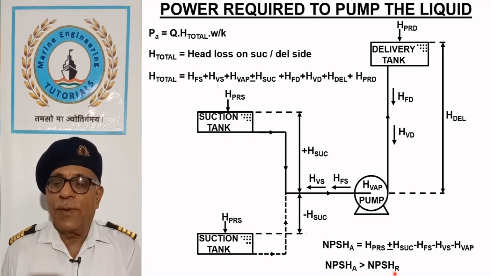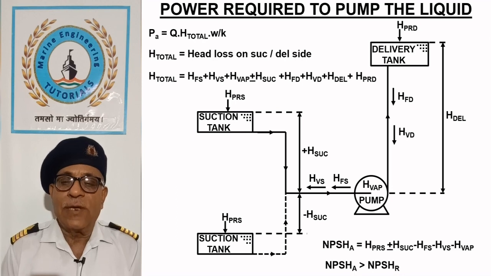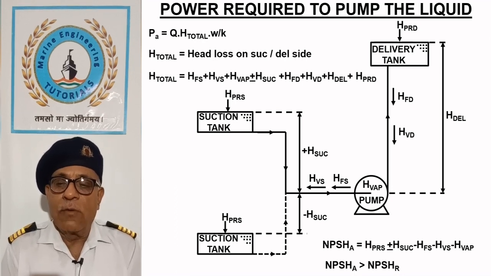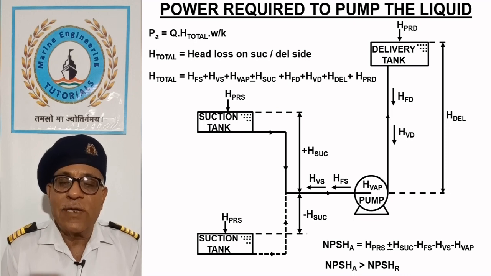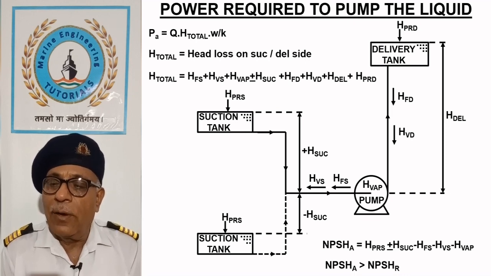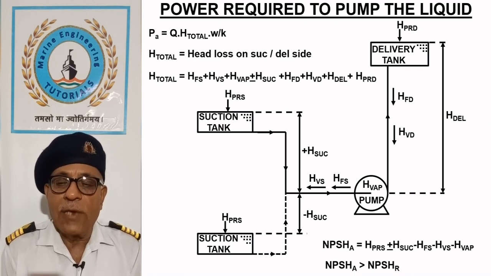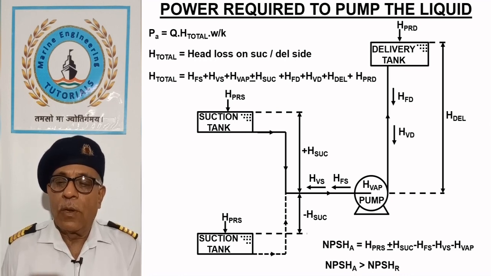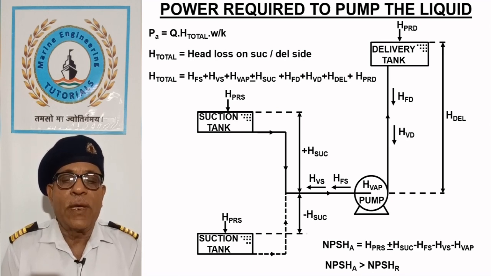For discharge to take place, this is important condition. NPSH available is calculated from the suction piping details, whereas NPSH required is provided by the manufacturer. This completes the basic study of a pumping system.